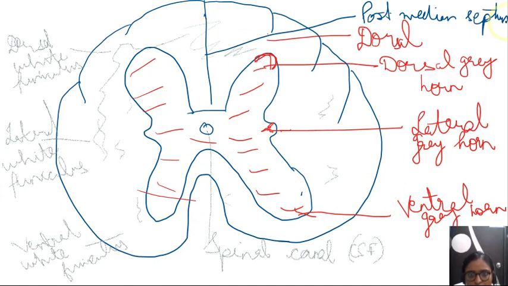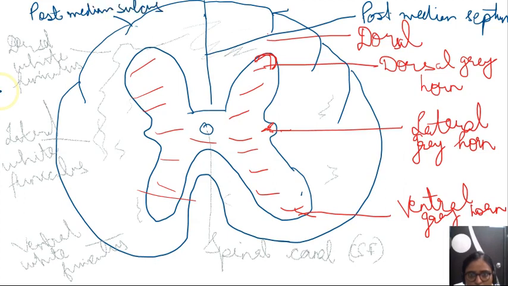Fine. And this is on the posterior side too. This is a sulcus, so it is called the posterior median sulcus.